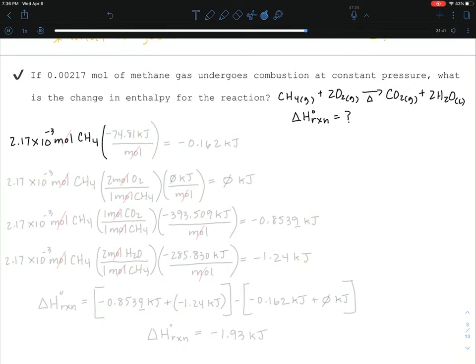I've got negative 74.81 kilojoules of energy emitted per mole of the formation of methane.